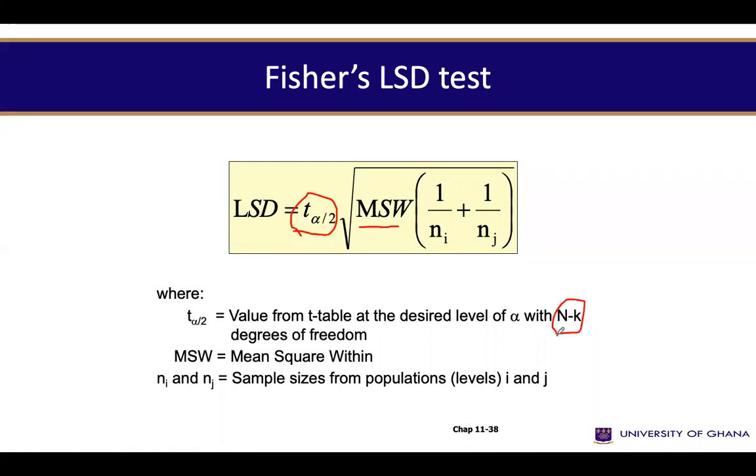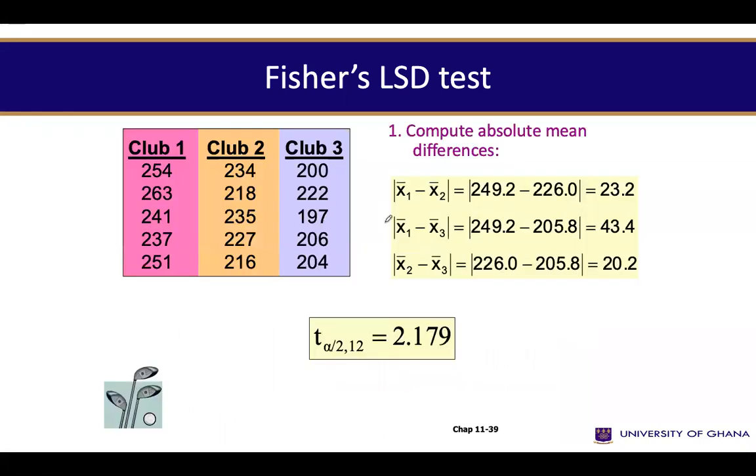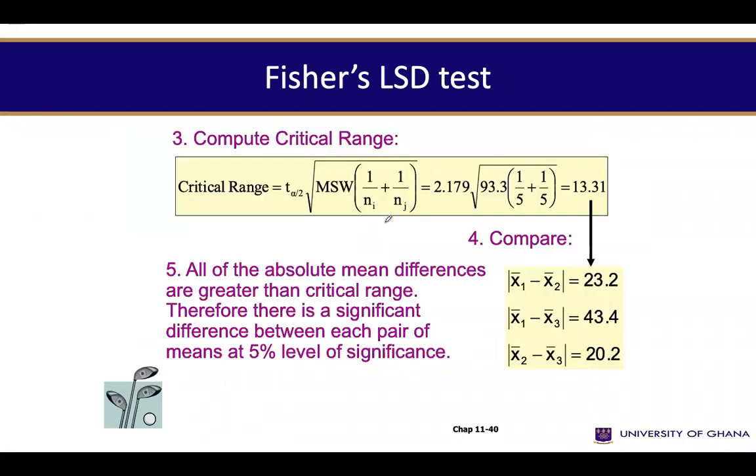And the MSW will not be divided by 2. So the only thing that differs is the way to calculate the critical range, but everything else is the same. Then you compare and contrast.